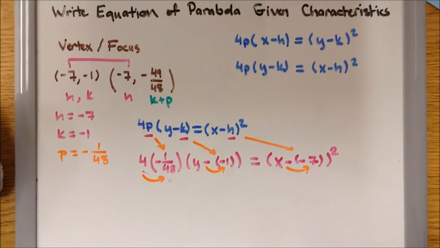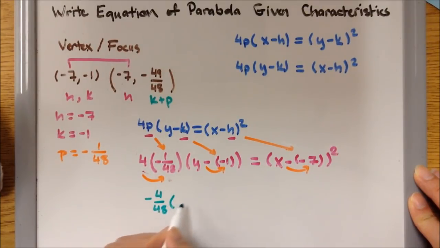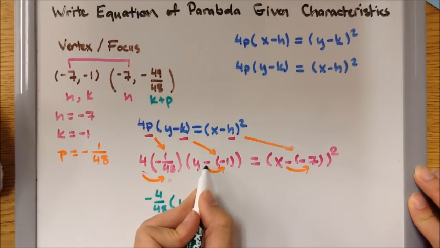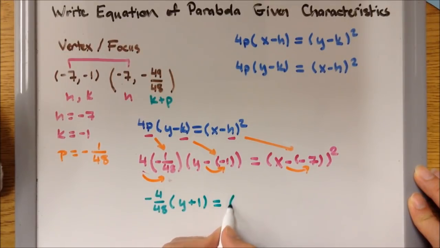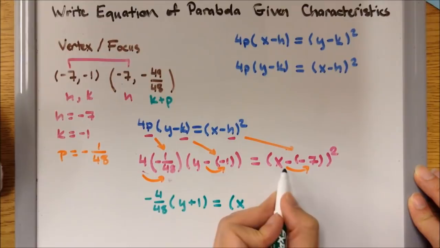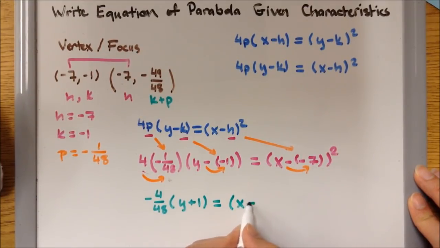When I multiply the 4 to negative 1 over 48, it will be negative 4 over 48 times (y, minus negative 1, that's going to be y plus 1), equal sign, (x minus negative 7, that's going to become x plus 7), squared.